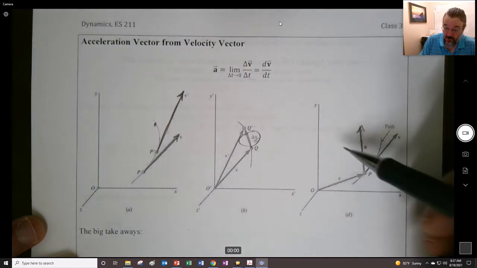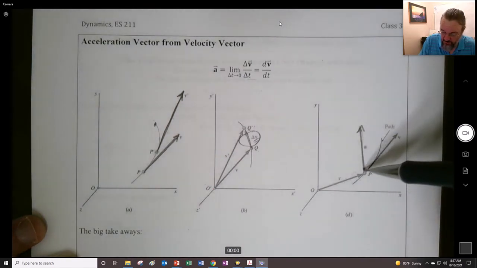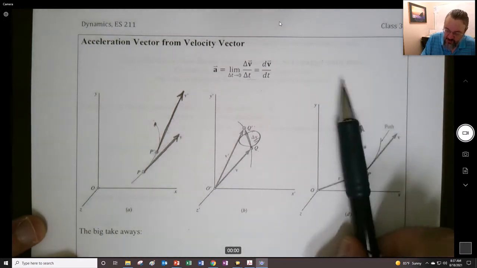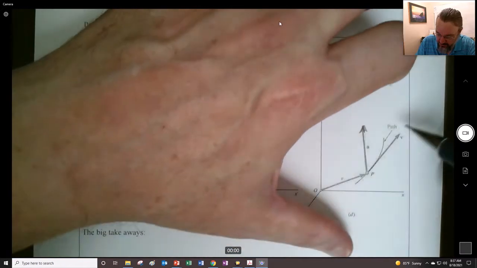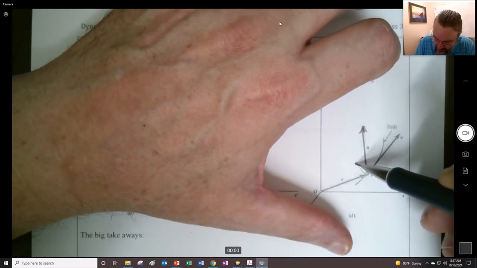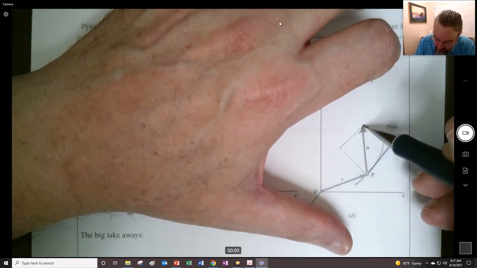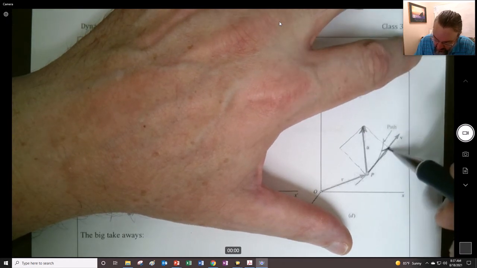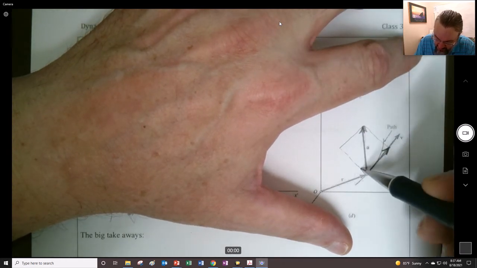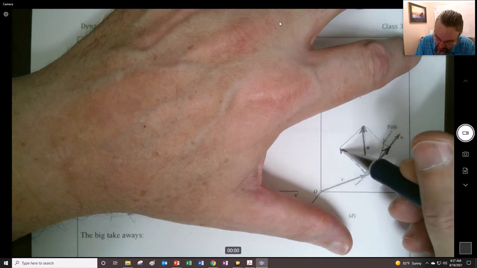So what we end up seeing is we have an acceleration that is not tangent to the path. We actually have two components to this. There's a component right here that is tangent to the path, and there's one that's coming in there.